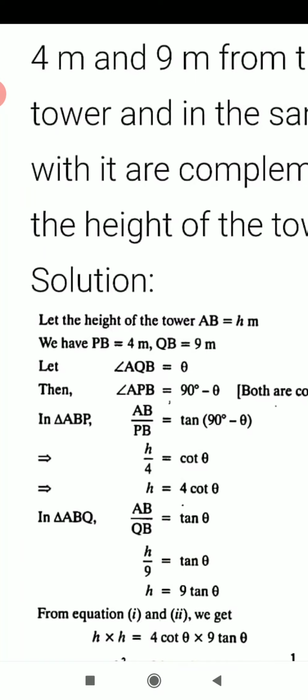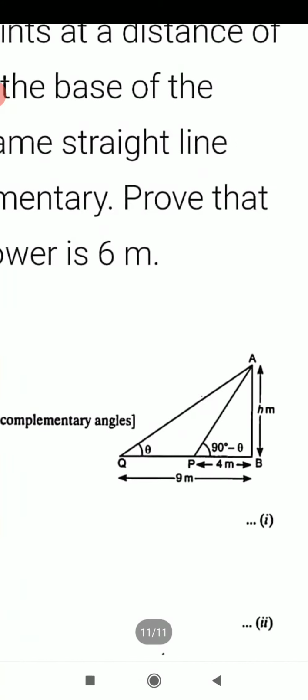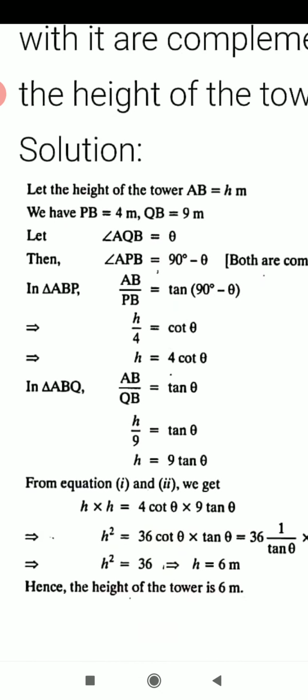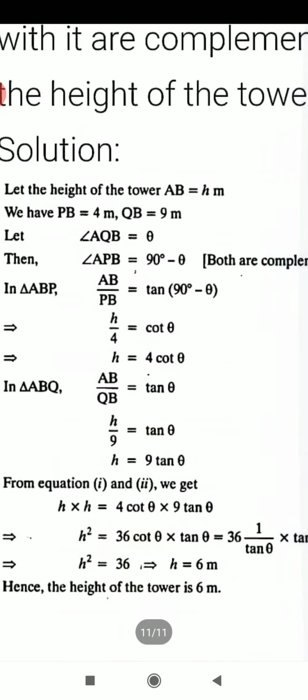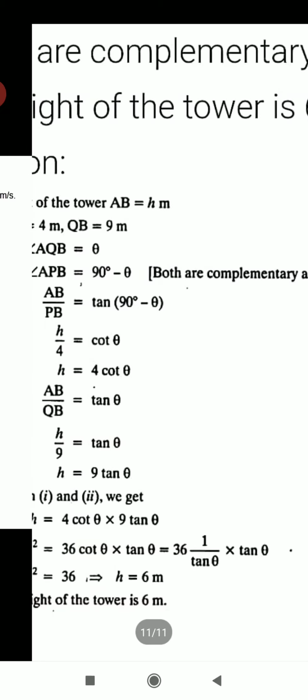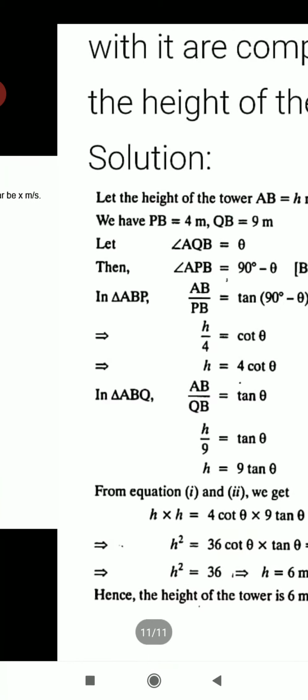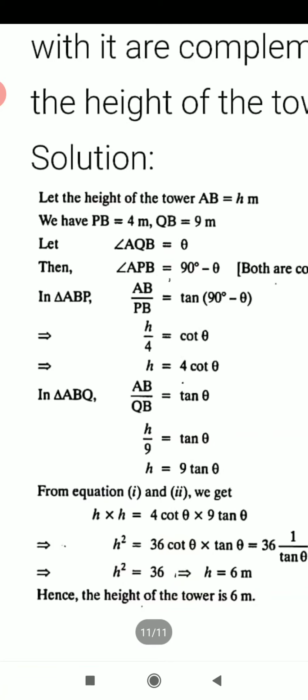Multiply these two equations: h into h equals 4 cot theta into 9 tan theta. You can write cot theta as 1 upon tan theta, which cancels, so h square equals 36, so h equals 6 meter. Hence the height of the tower is 6 meter.